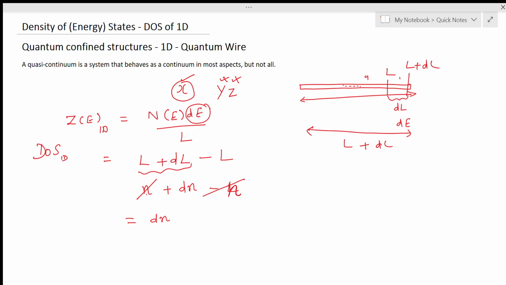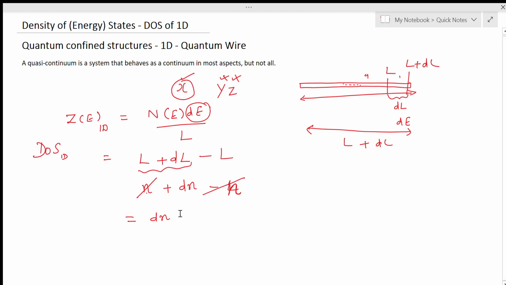So for the density of energy states, the energy can be considered as E is equal to n square h square by, usually we will take it as 8m a square. Now here we are going to consider L square because the length is considered here. The length is that quantum number considered.